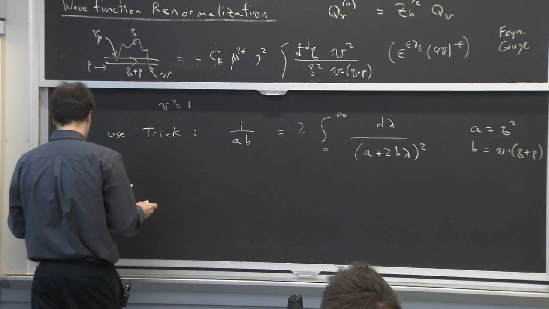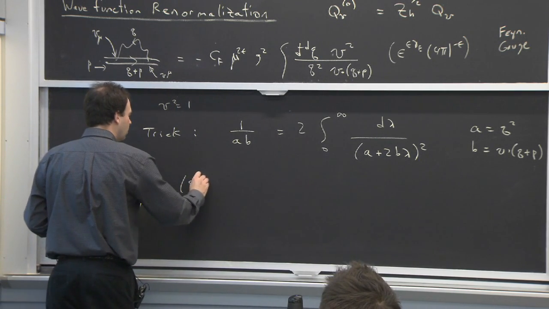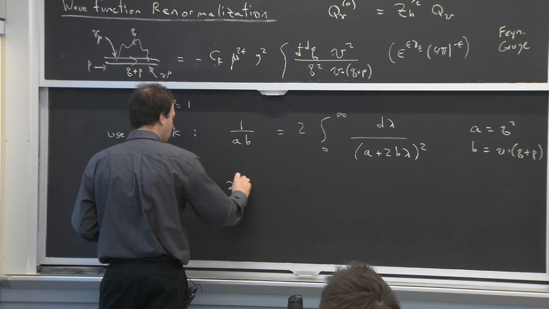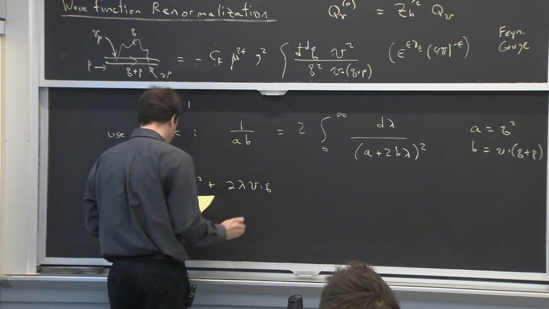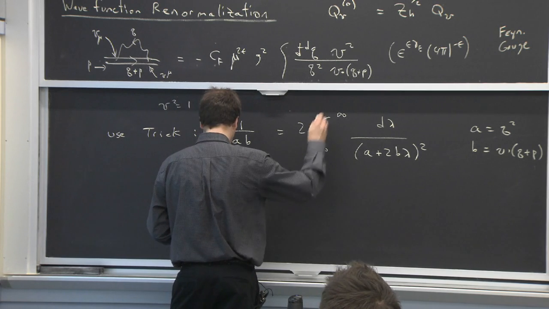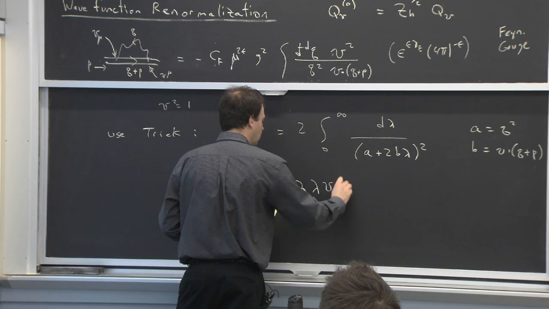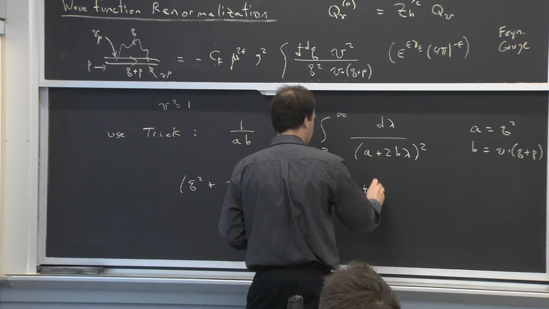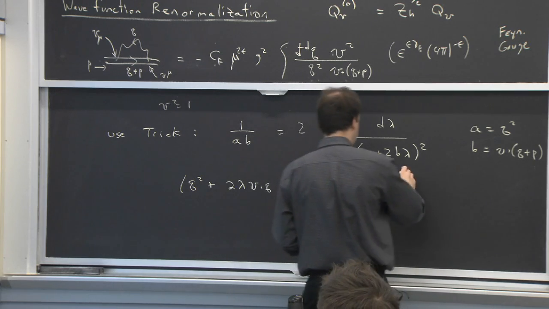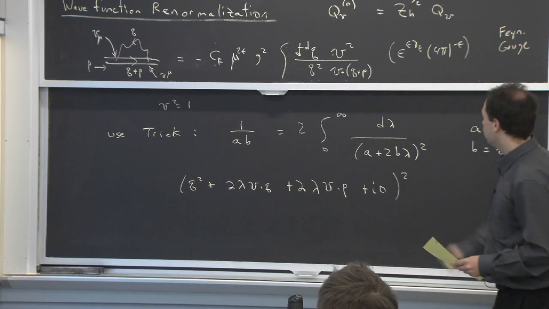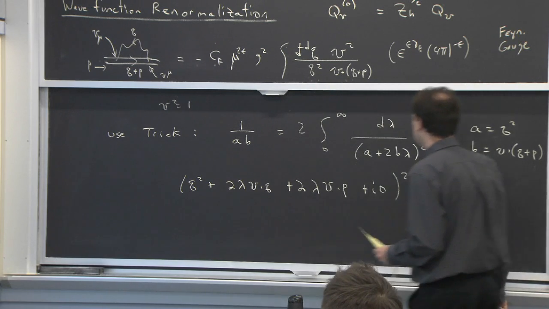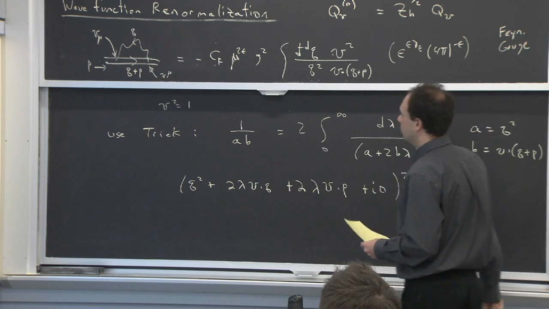OK, so we combine denominators in the usual way. And the denominator would become this. And if I kept the i epsilon, it would be that if we combine these two denominators here. So this factor would be that.